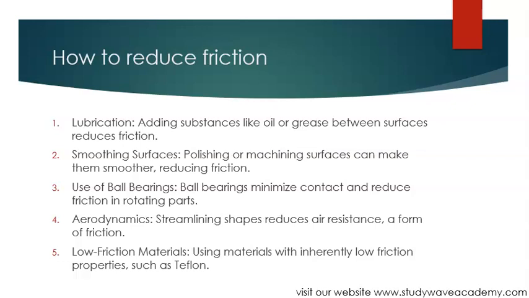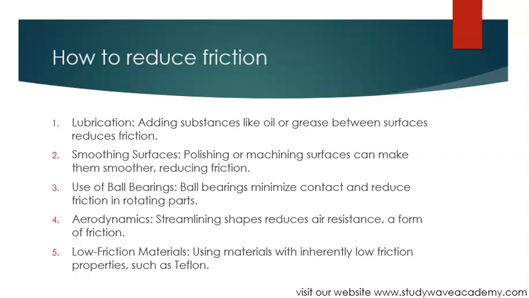Okay? Five, we have low friction materials. Using materials with inherently low friction properties such as Teflon. So low friction materials are like things that don't stick to each other very much. When we use materials that don't grab onto each other, it's easier for things to slide and move without getting stuck.